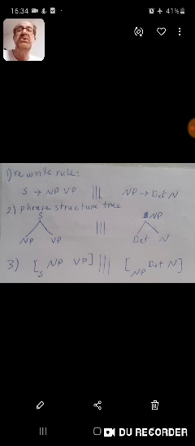The determiner is an, and N is a noun. An, noun, elephant, that's it. So these are the three ways that we actually show materials.